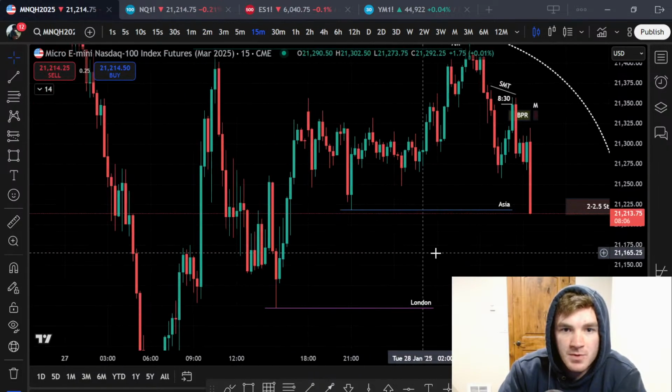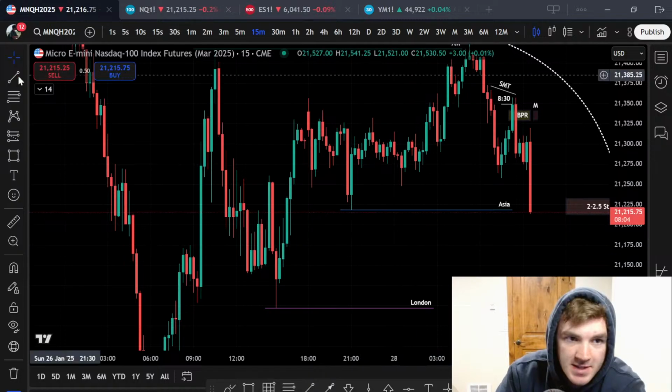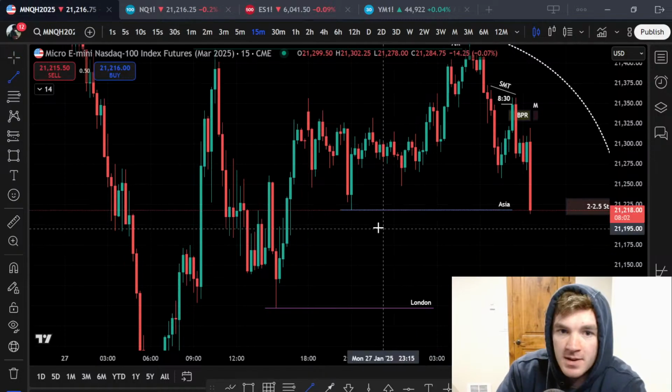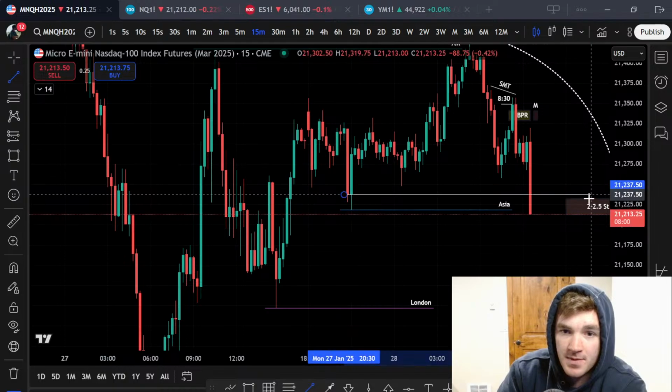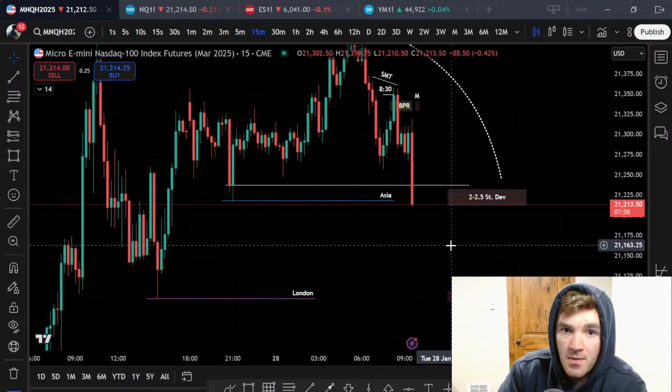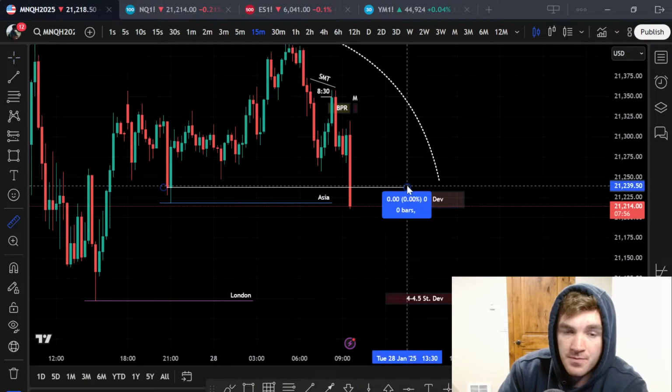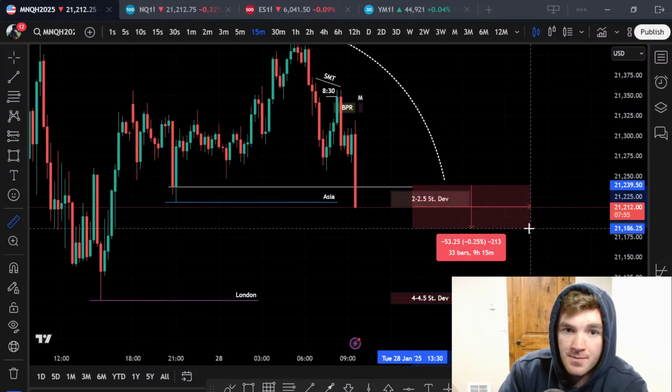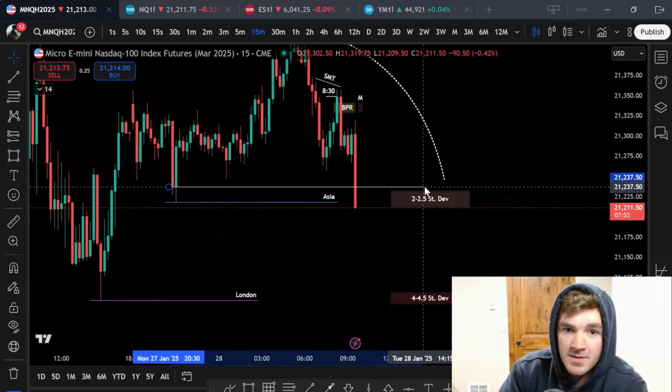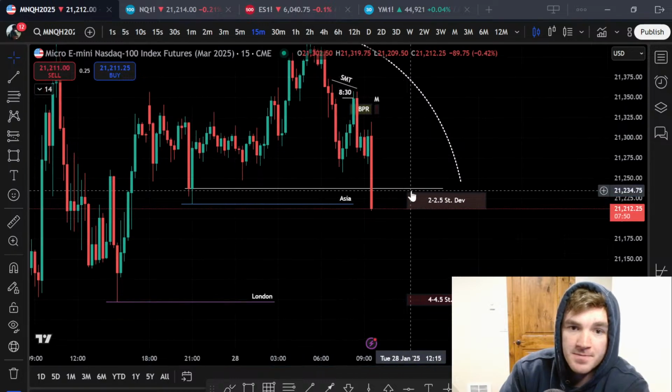This will be nice if we get this, because then we'll get a 15-minute CISD, and then possibly enter on the retest of it, targeting London.